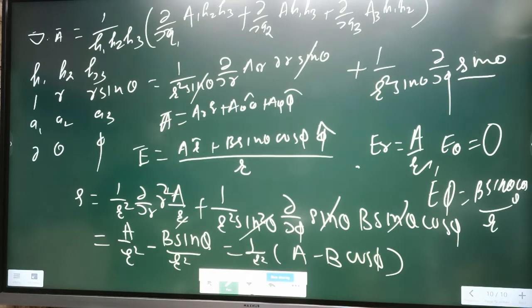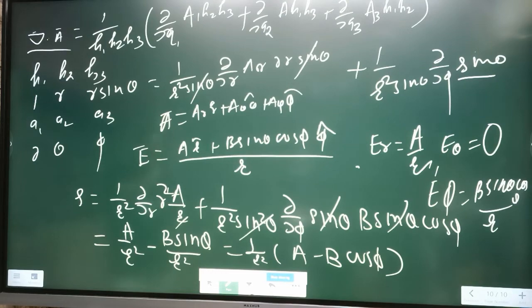H1 H2. ये सगळे फॉर्मूले बाद में देखेंगे, del divergence, del square, gradient.